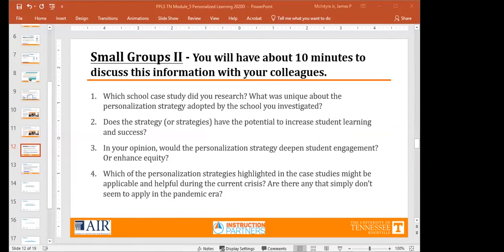What was unique about the personalization strategy adopted there? Do these strategies have the potential to increase student learning, deepen student engagement, enhance equity? And which of these strategies might be useful in the current crisis, or which simply might not adapt to the current pandemic era? So you'll have 10 minutes from right now to go ahead and do this independent research.